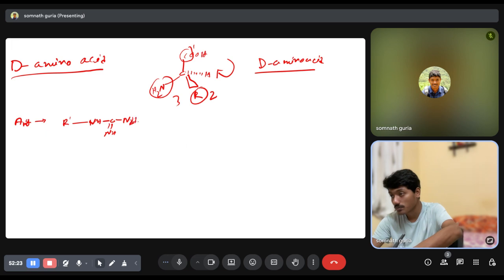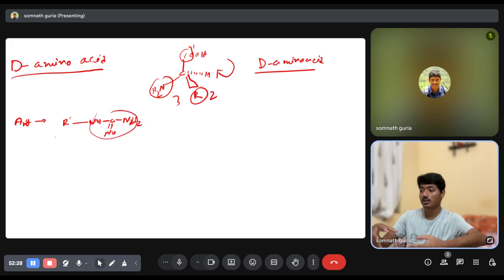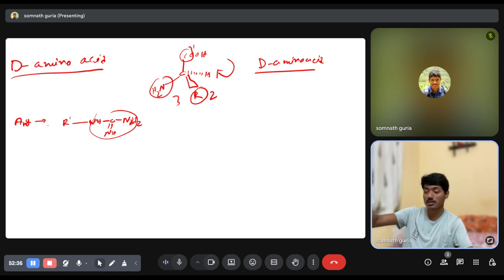So this basic group actually binds with this peptide bond, and that peptide bond actually breaks down over this arginine moiety, and then the peptide structure is gone, so it can kill the bacterial cell.